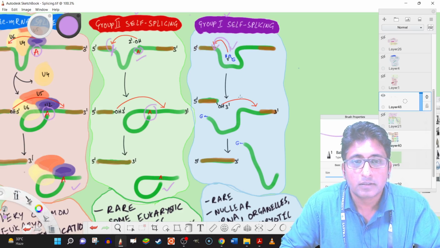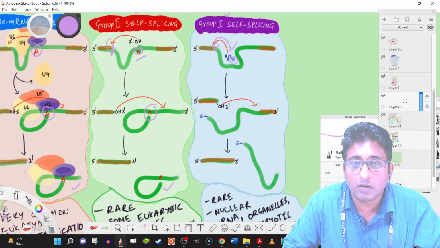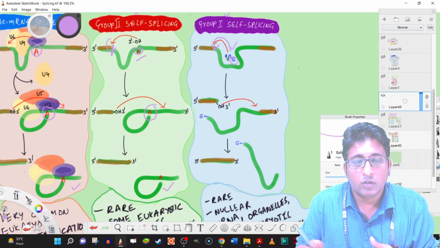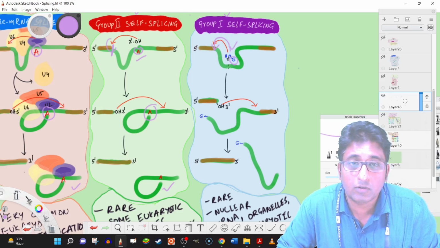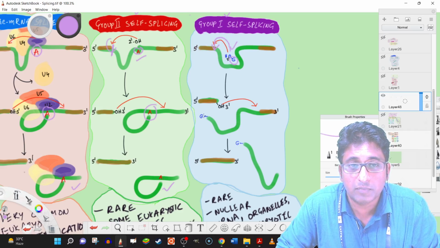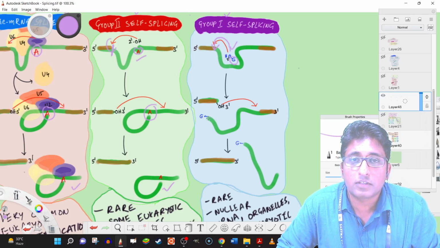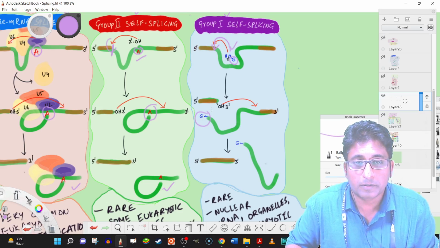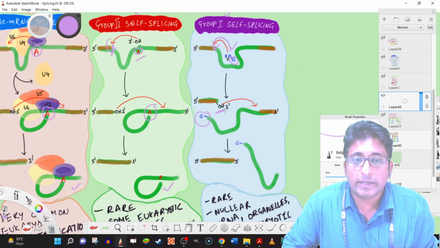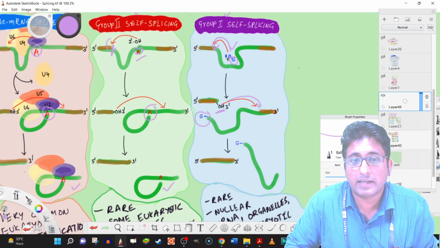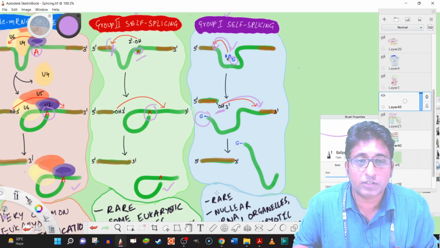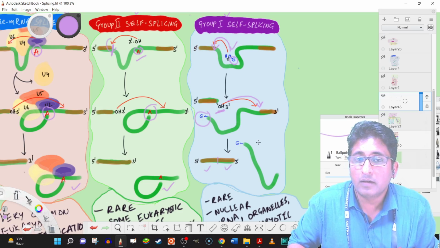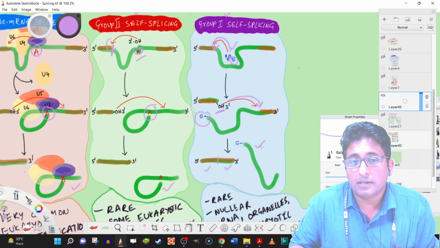So basically, the G that is non-covalently bound to the intronic region would make an attack, and then would make an attack on the 5' side of the intron and get covalently linked there through an ester bond. And the 3' OH of the exon here would create the second transesterification reaction, because of which we now have two exons spliced together, and we have the intron left out.